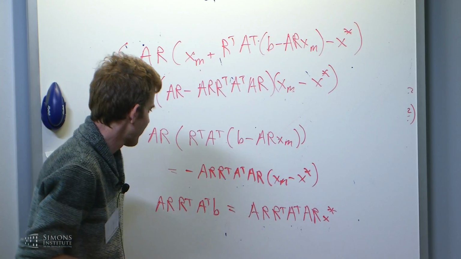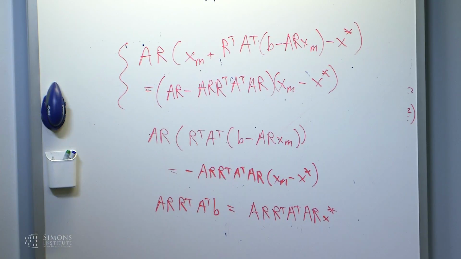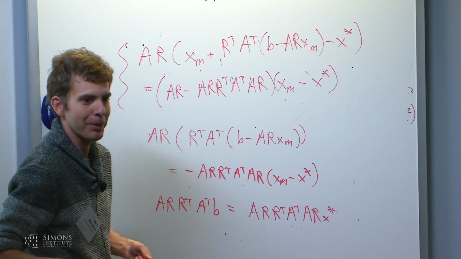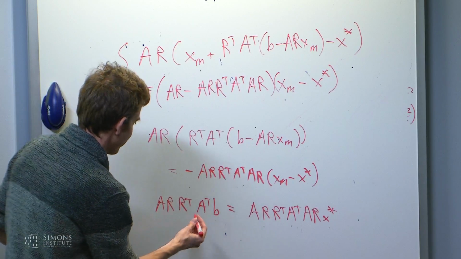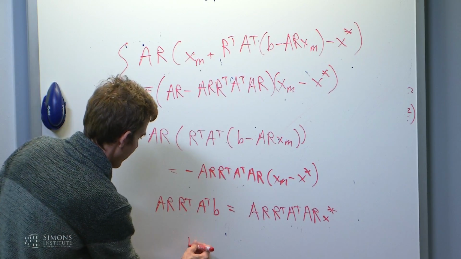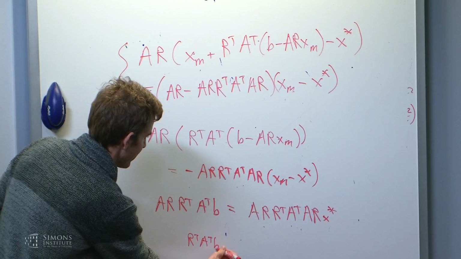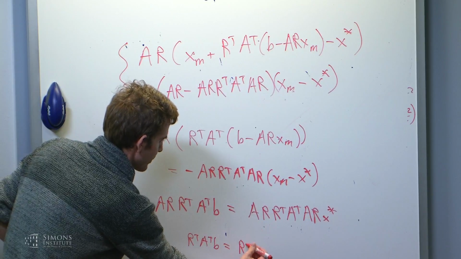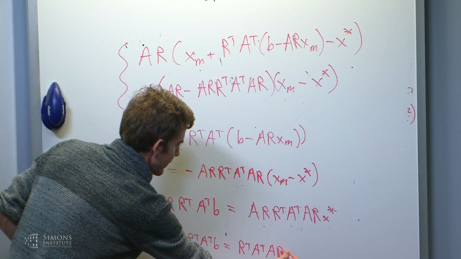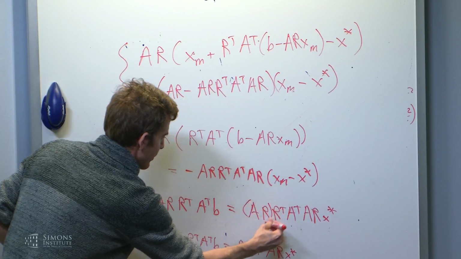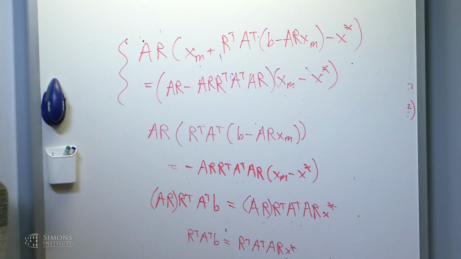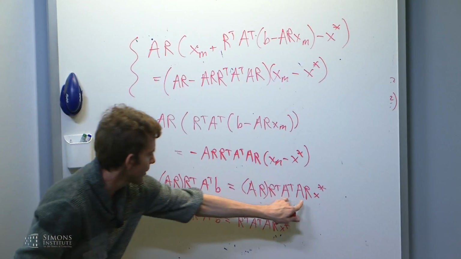Okay. So why is this true? From the dimensionality condition. Exactly. From the normal equations, right? So this will follow if R transpose A transpose b is equal to R transpose A transpose A R x star, right? Because in both cases I'm multiplying by A R. So I'm just showing this is equal to this.